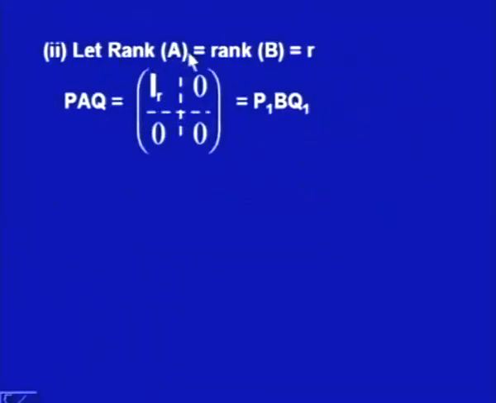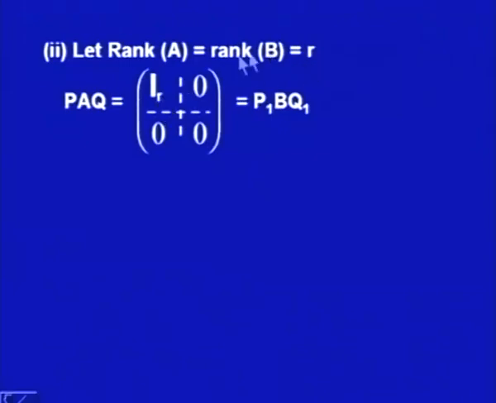Otherwise, if rank of A is equal to rank of B is equal to R, then the two matrices will be equivalent. So, let us try to do this. Let us say rank of A is equal to rank of B is equal to R. That means you can apply linear transformations to the matrix A so that it can be reduced to row echelon form, and since its rank is equal to R, this matrix will be obtained as this. And rank B is also R, so this can also be reduced by a series of linear transformations.